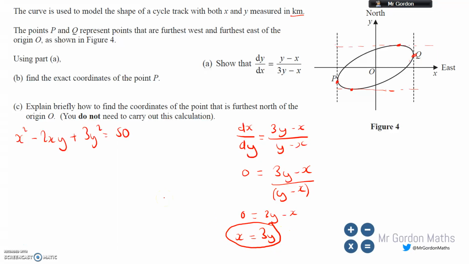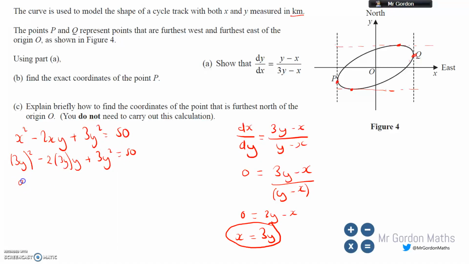So I can replace all the x's with y's because I'm looking for coordinates, aren't I? So it doesn't matter which way I do it really. But let's just swap out the y's because we've been talking about the y's for a bit. So (3y) squared minus 2 lots of 3y times y, just replacing every x with a y, equals 50.